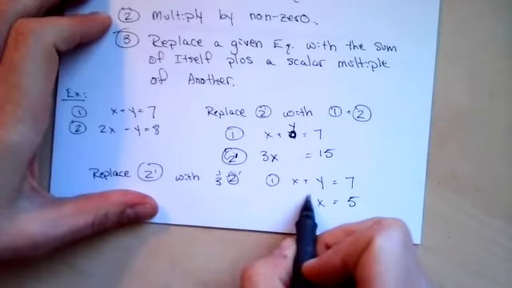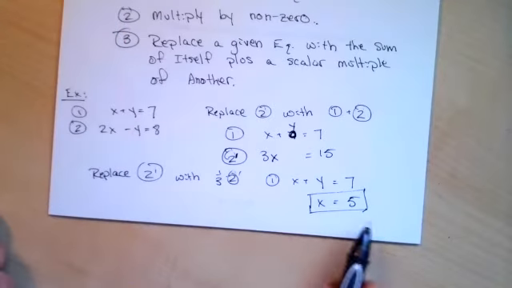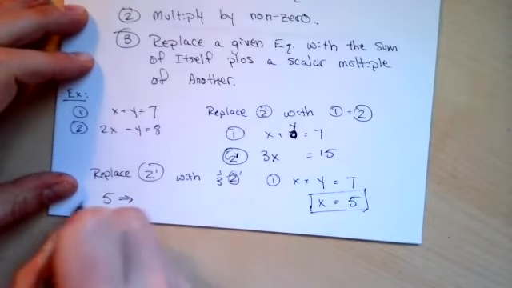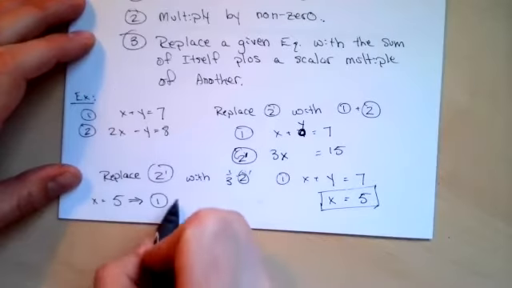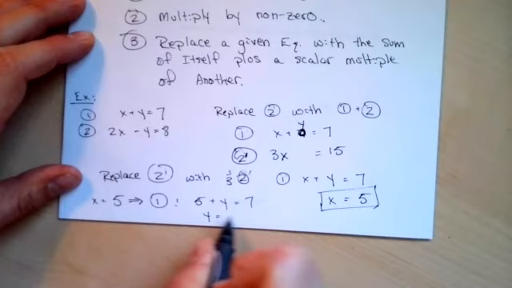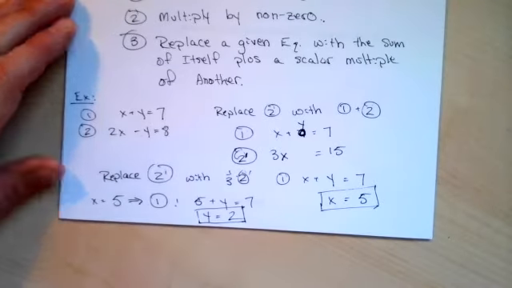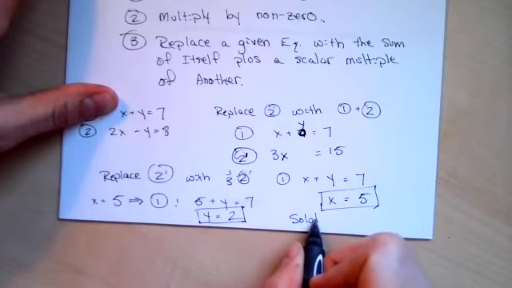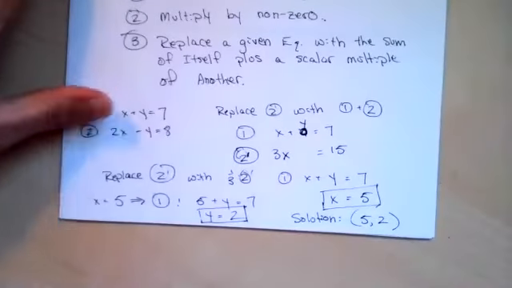And so once we've isolated one of the variables, we can now proceed as we would with our substitution method by simply plugging that 5 back into 1. And what do we get? Our y value is 2. So our solution is 5, 2.